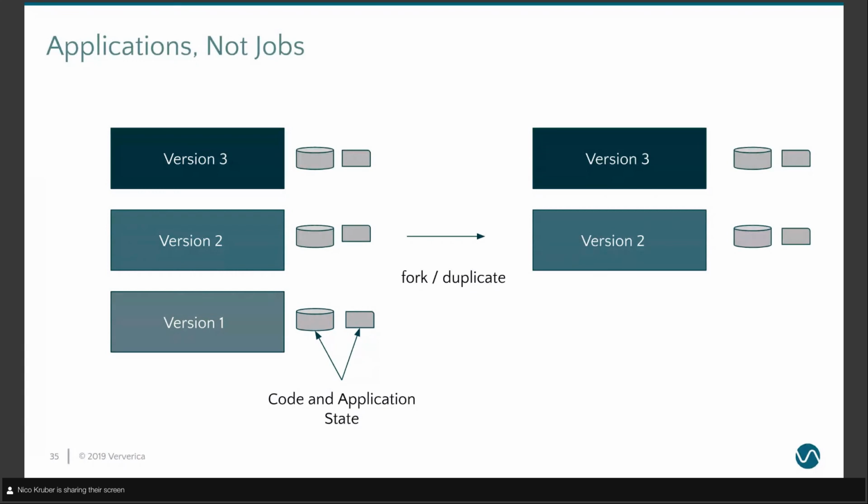At the core of this platform is us managing applications and not just single jobs. If you think of your Flink job, you have your code that you've written and you started this in your Flink cluster, then it becomes a job. A job is basically your code at a specific point in time, the state that you're currently at, and maybe some configuration for the Flink cluster.